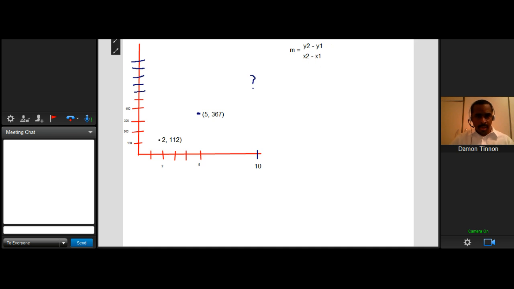And then I'm just going to draw a line here to demonstrate that that's over a fraction bar. So that is the formula for slope.